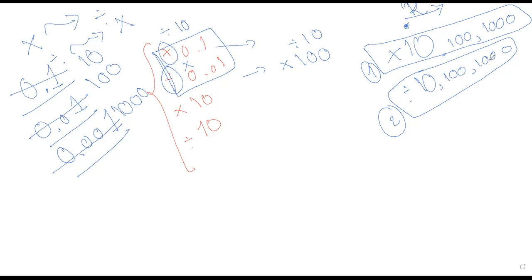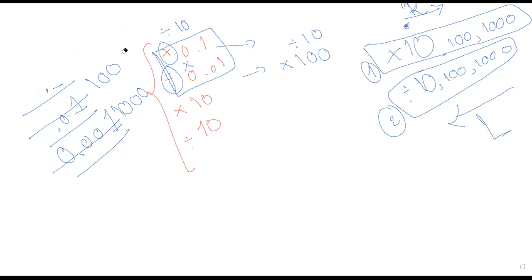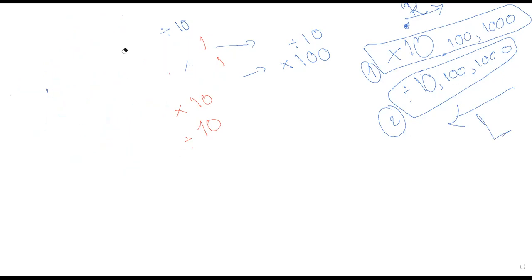Dividing by 10, 100, 1000, we move it to which side now? To the left. Left side, backward. That's it. If we are dividing by a whole number, 10, 100, 1000, we move it to the left side. If we are multiplying by whole numbers, 10, 100, 1000, we move it to the right side. Just study these 2 rules. It's not hard. You have to study just when we will move the decimal point to the right and when we will move the decimal point to the left.